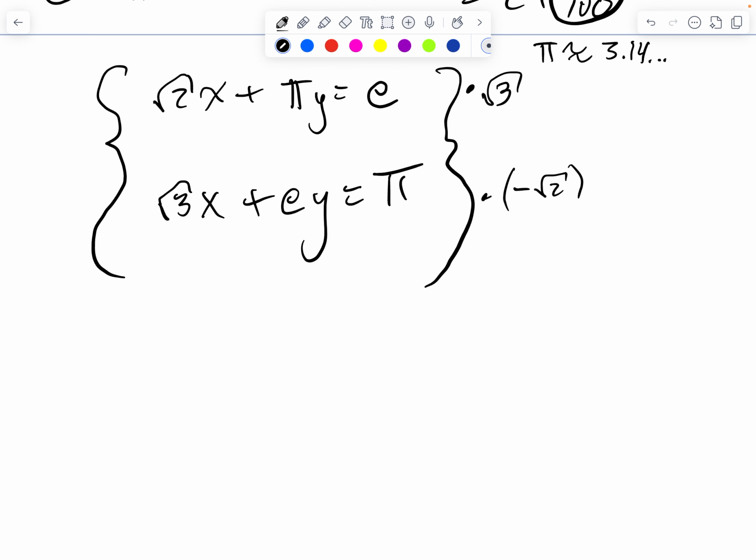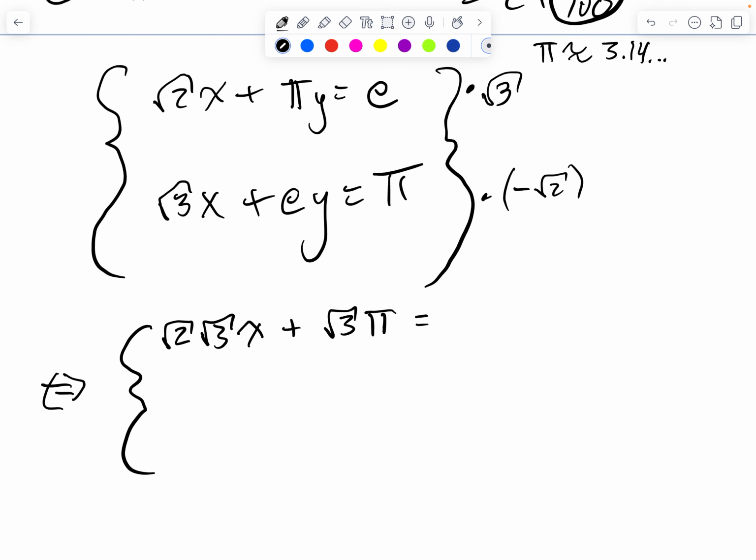Now these two lines, wherever they cross, are exactly the same two lines as these. It's just like if I multiplied everything by 2 to get rid of fractions.